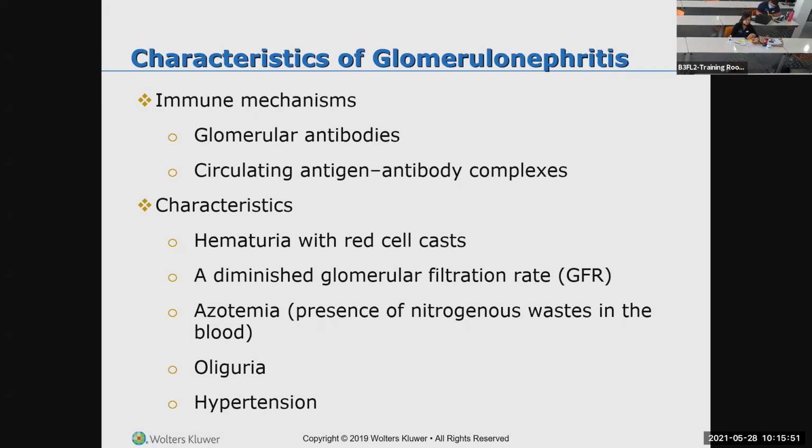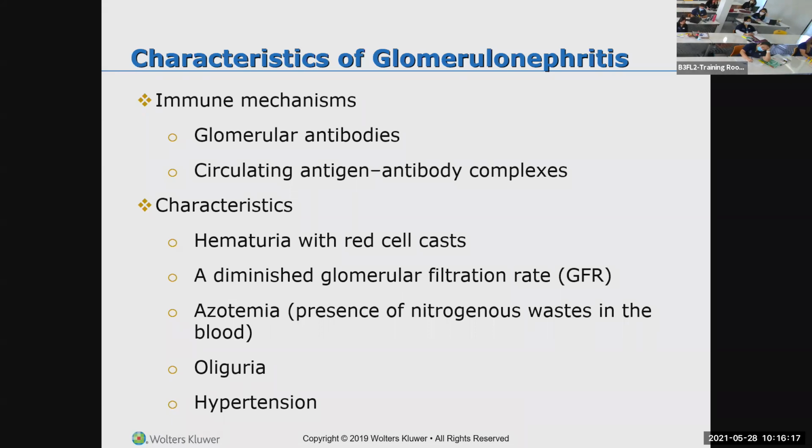So formed elements, meaning RBC, WBC, platelets, and large proteins, everything is coming out in my urine because my glomerulus is inflamed. Because of what? Because of an immune mechanism. Is it clear? That's called glomerulonephritis.